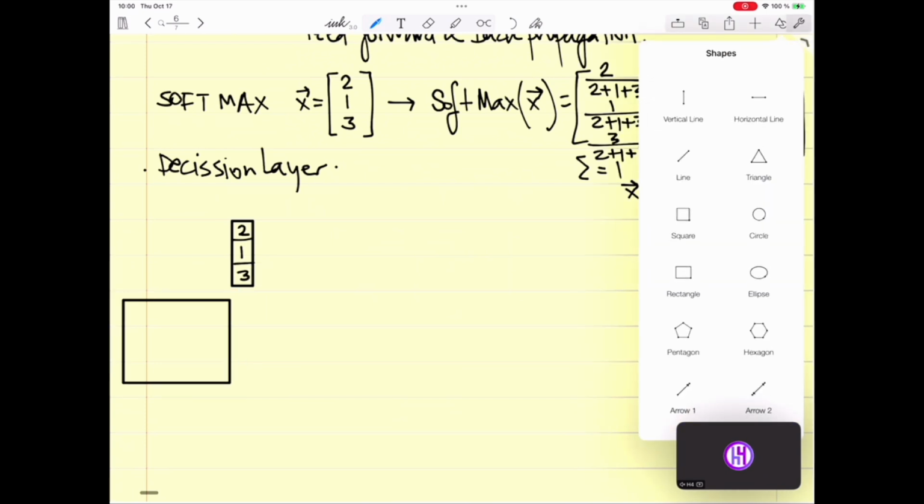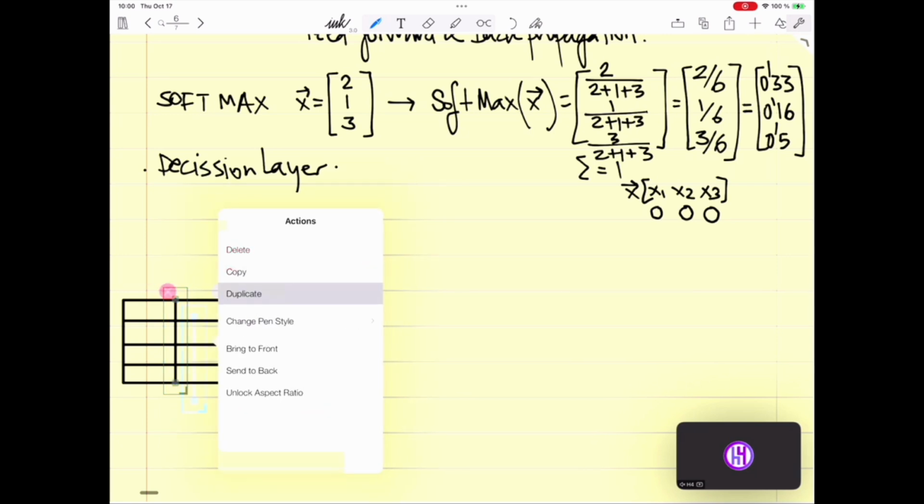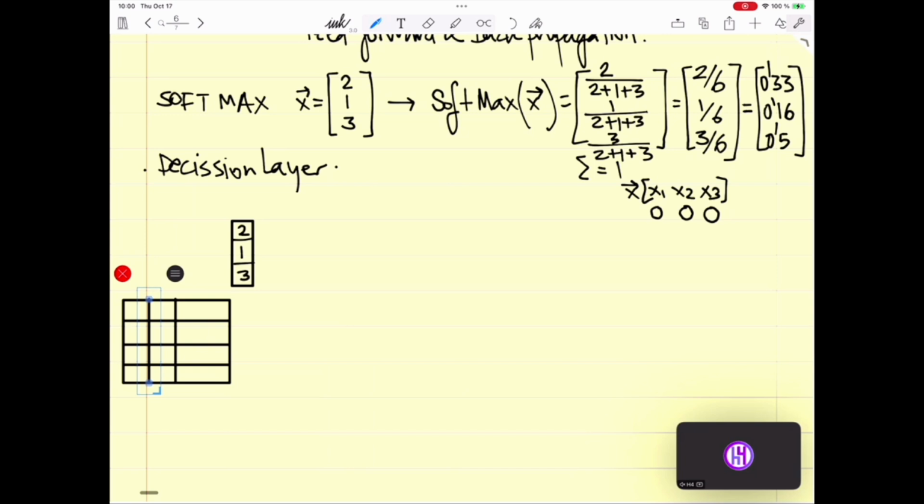The matrix of the weights is going to be like this. The weights and the bias, I guess. This we already know.